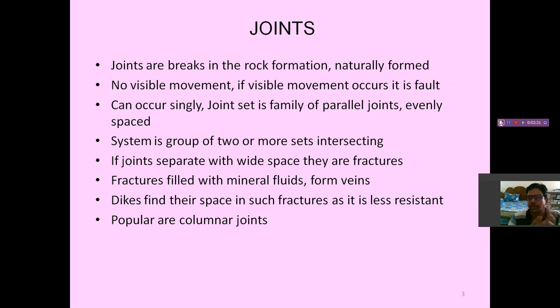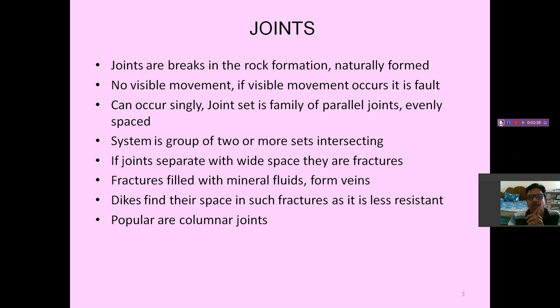In the next slide there is a picture, you will understand it more carefully. The joints will be in the same parallel lines, which you call a joint set. A joint set is a family of parallel joints, generally evenly spaced. ऐसा नहीं कि दो जॉइंट के बीच में इधर 5 सेंटीमीटर रहता है, दूसरे जगह 40 रहेगा. More or less it is same.